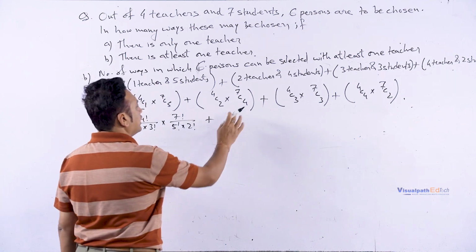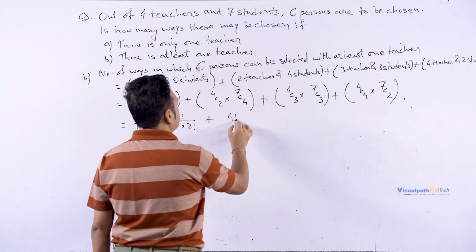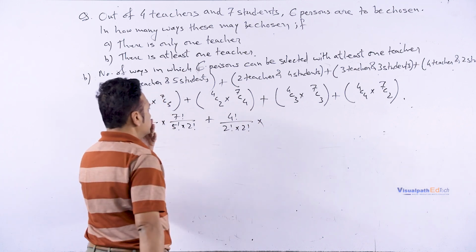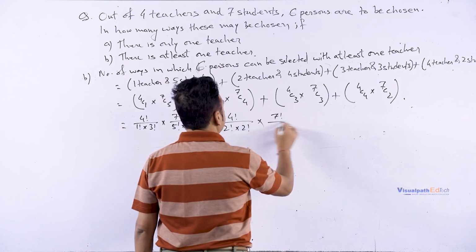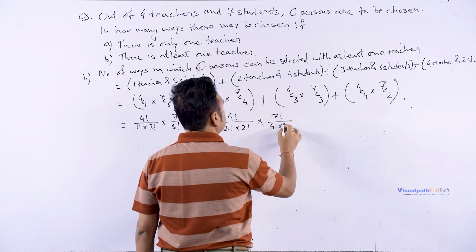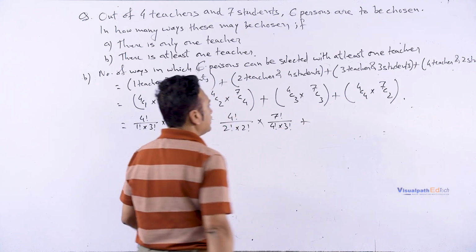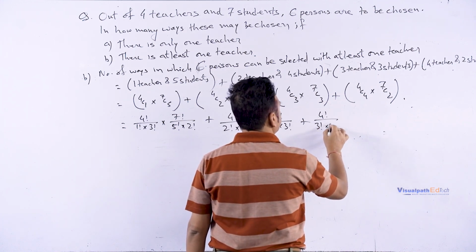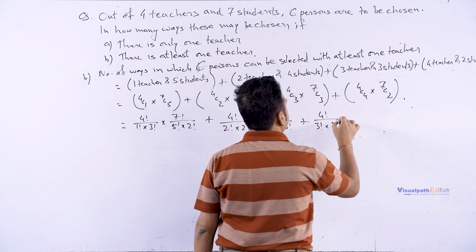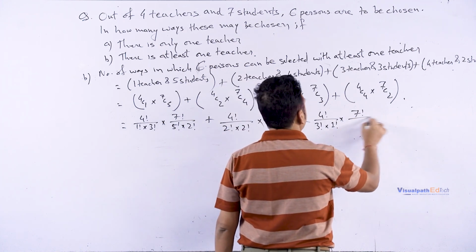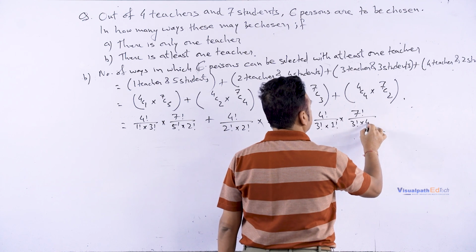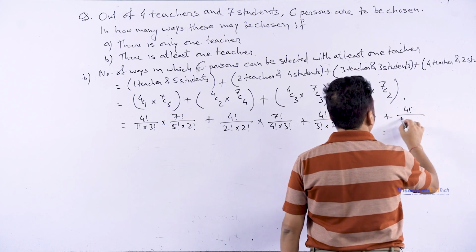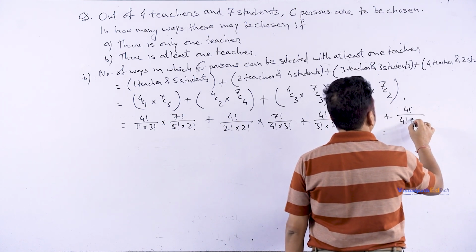Then a plus sign. Again here I will get factorial 4 by factorial 2 into factorial 2 into factorial 7 by factorial 4 into factorial 3, plus sign again. Next is factorial 4 by factorial 3 into factorial 1 into factorial 7 by factorial 3 into factorial 4, plus sign, and then we will have factorial 4 by factorial 4 into factorial 0.